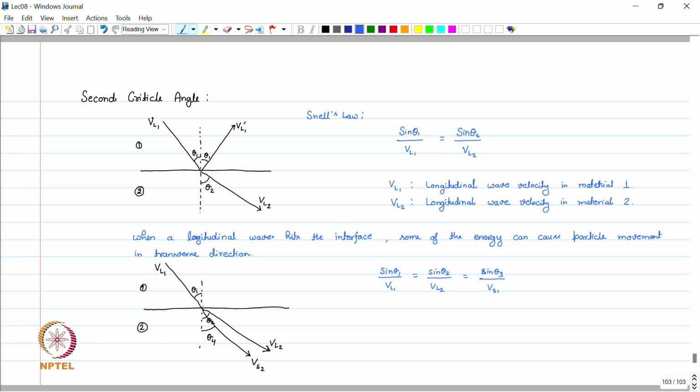So some part will be reflected as well. This is VL1 dash and Vs1. This angle is theta 3, equal to sin theta 4 upon Vs2.